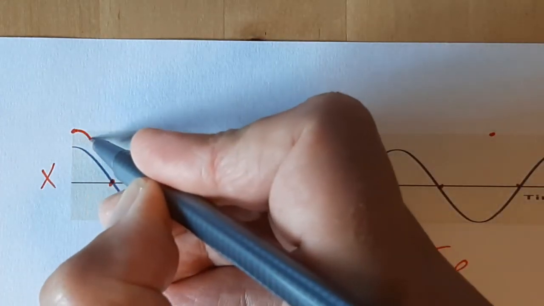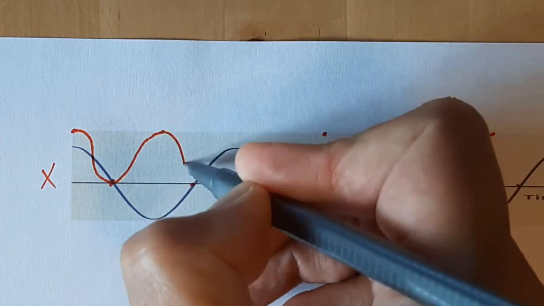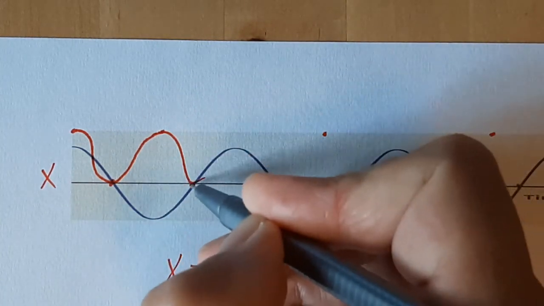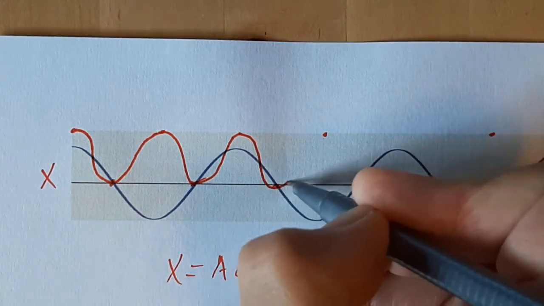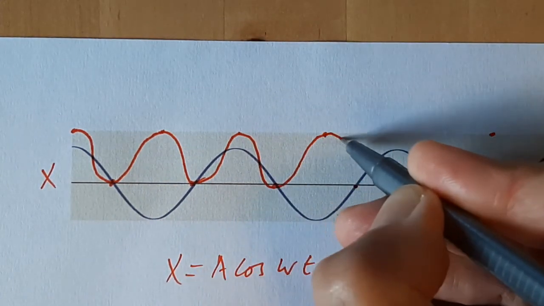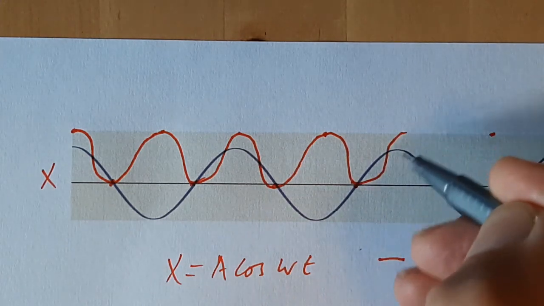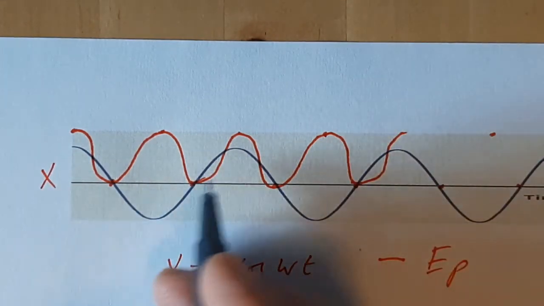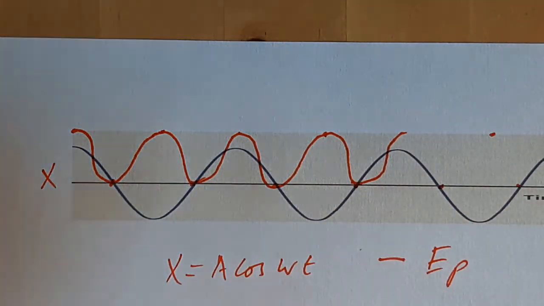And so what we're actually sketching here, and I'm not very good at sketching any functions, is a cos squared graph that I'm attempting. And you can see that it's got twice as many positive peaks per cycle.